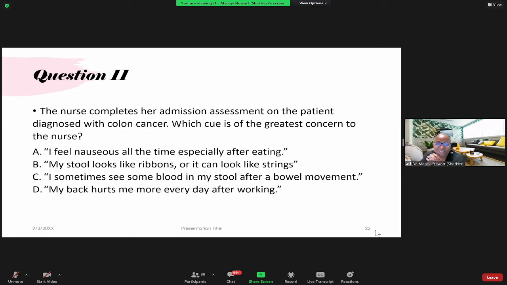All right, so you do your admission assessment on a patient diagnosed with colon cancer. Which cue is of the greatest concern to the nurse? Sometimes I see some blood in my stool after a bowel movement. That would be most concerning.